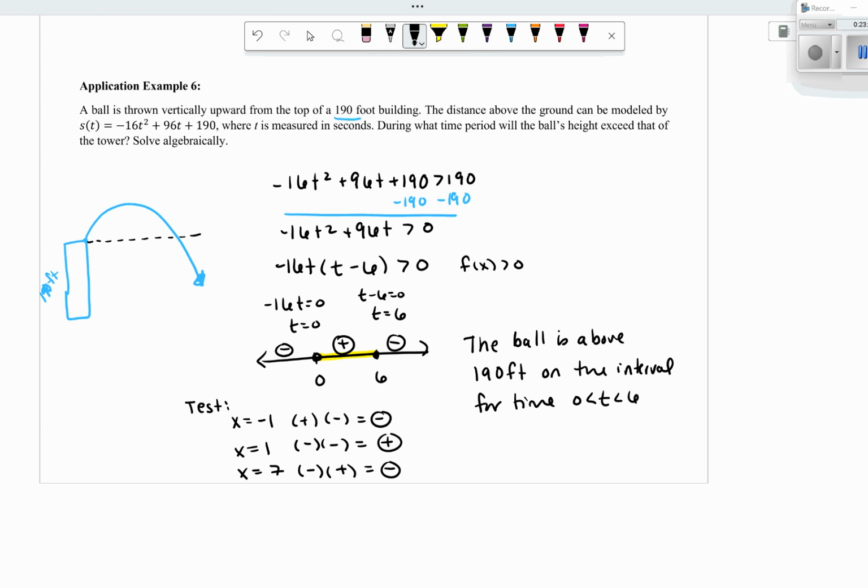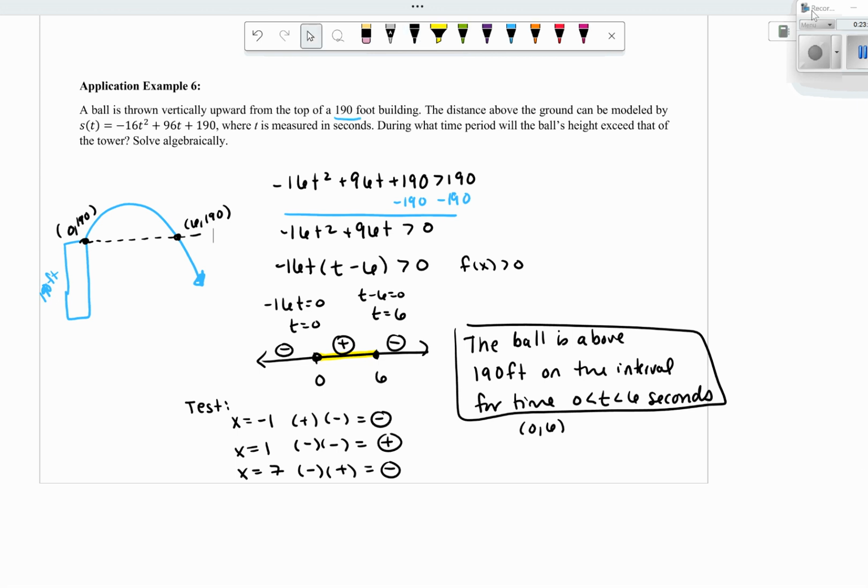Or you could say for time from 0 to 6 seconds. And so that means here, this would be at 0, 190, and this point right here is going to be 6, 190. And so the graph is going to be above 190 in between those two values. All right, so that is it for our polynomials, inequalities, and finding the degree given a table in our application problem.